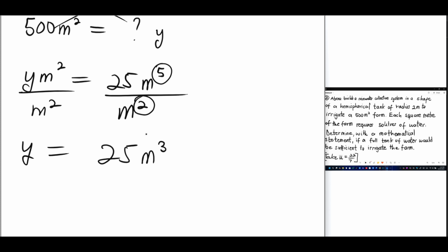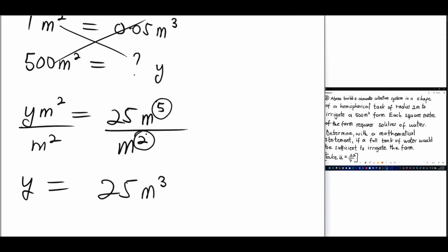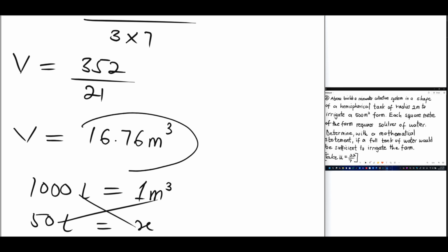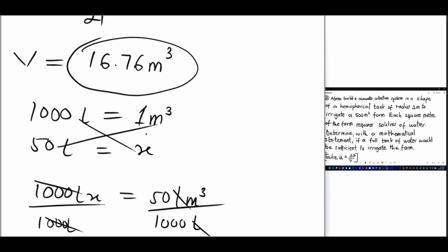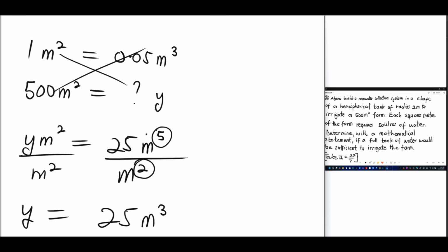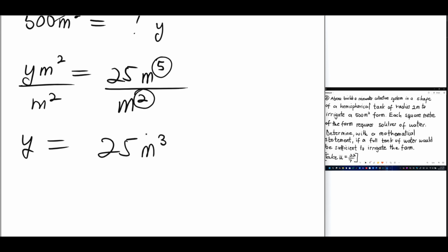The land requires 25 cubic meter, but the volume of the tank is just 16.67, sorry, let me verify again, it's 16.76. This is the volume of the hemisphere, that is the tank. The water the farm requires is 25 cubic meter, which implies that the water in the tank will not be enough to irrigate the farm.